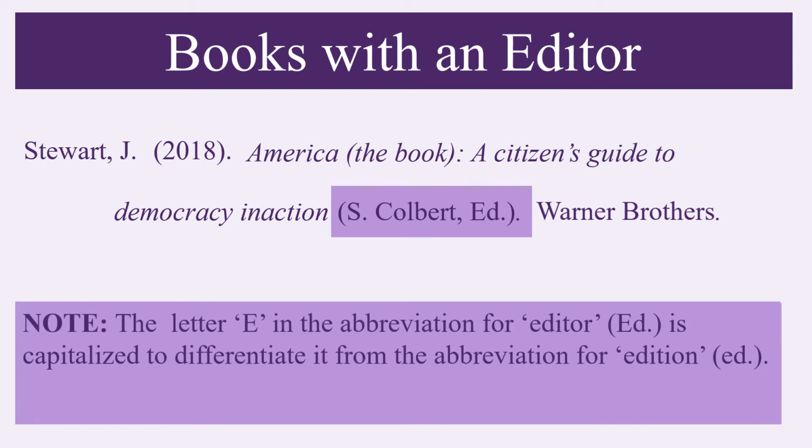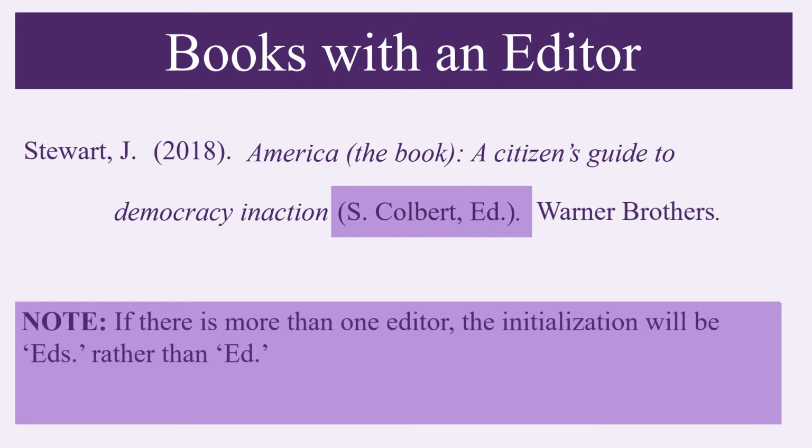The letter E in the abbreviation for the word editor is capitalized to differentiate it from the abbreviation for the word edition. And if there is more than one editor, the abbreviation will be Eds. period rather than simply Ed. period.